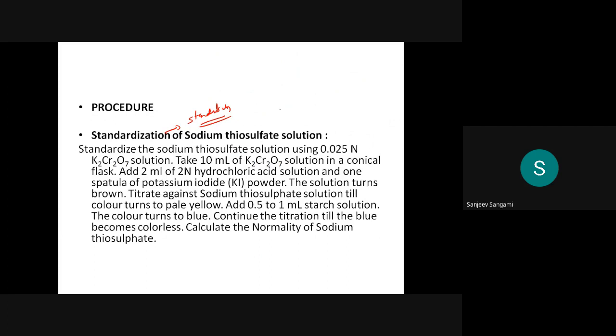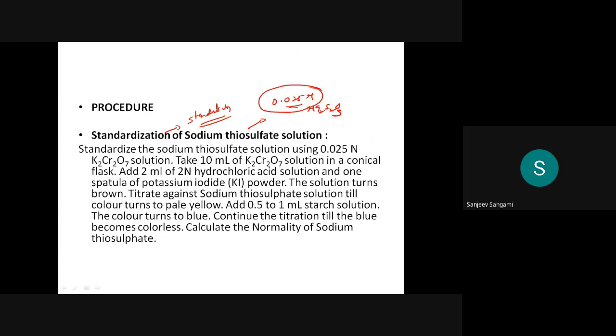To check whether the prepared normality or concentration of sodium thiosulfate is correct or not. For example, you prepare 0.025 normal Na2S2O3; check whether the prepared solution is correct.